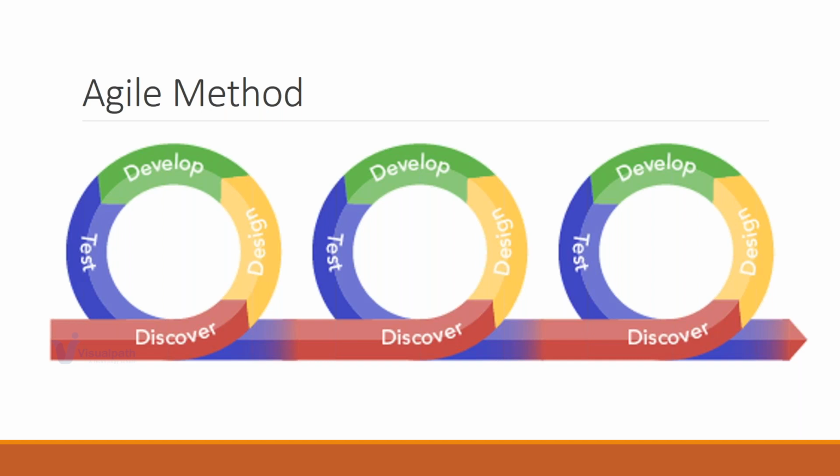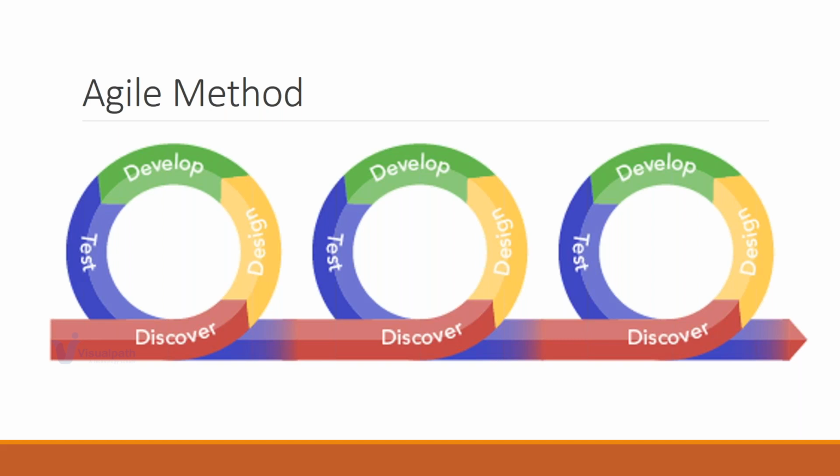We'll gather only the information related to those buttons, the design will take care of that, and then developers will start working on that, and then the testing and the deployment. The same flow. After completion of the particular sprint, we'll go with the next sprint.